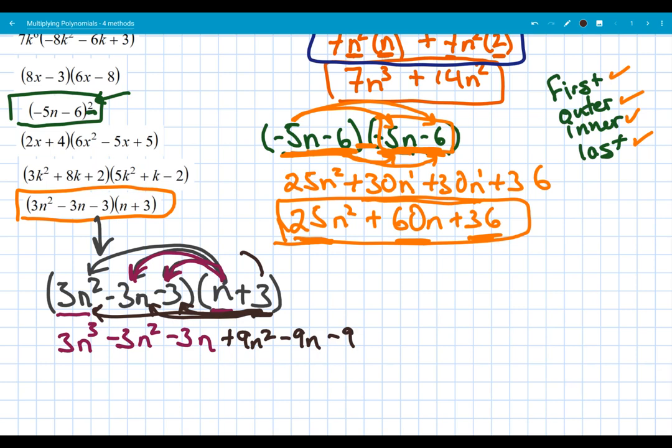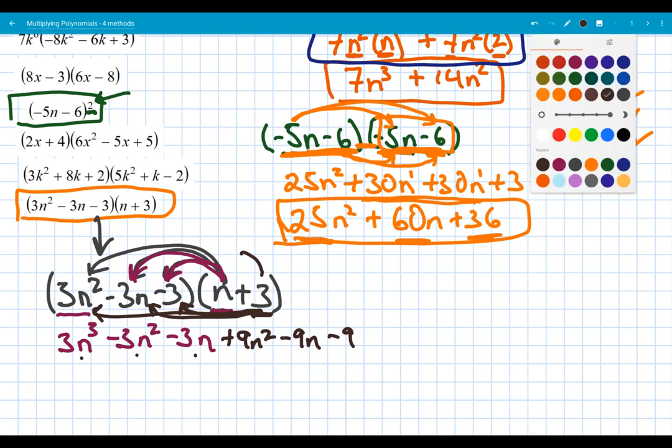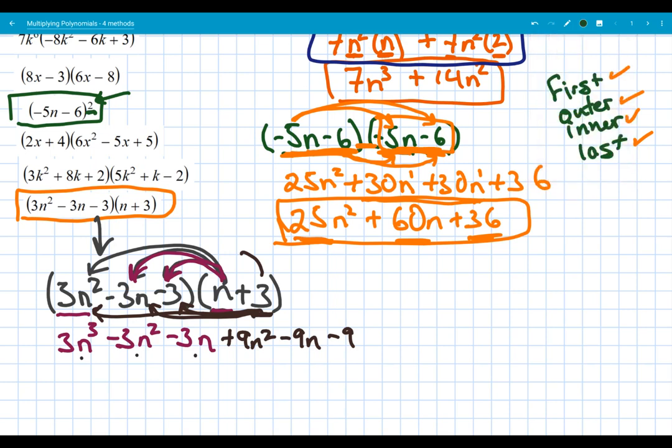I now have 1, 2, 3, 4, 5, 6 terms. I need to combine my like terms. That's my last step. So 3n cubed, there's no other 3n cubed, so I just write 3n cubed. The negative 3n squared and the positive 9n squared are going to combine because they both have n squared.